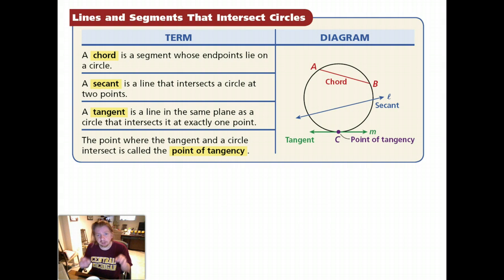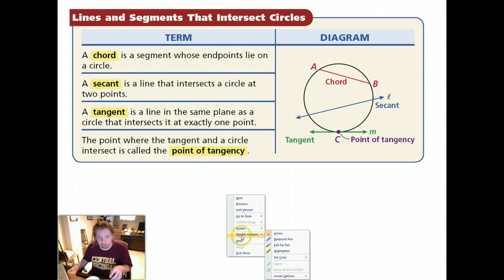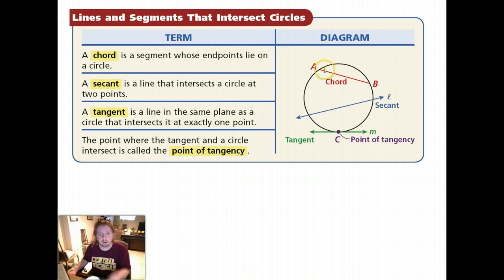A chord is a segment. So you've got your circle, and let's get my highlighter going here. Chord, there we go, right there. It's a segment with its two endpoints on the circle. Now a secant is a line that includes a chord. So here's L, which is a secant line.